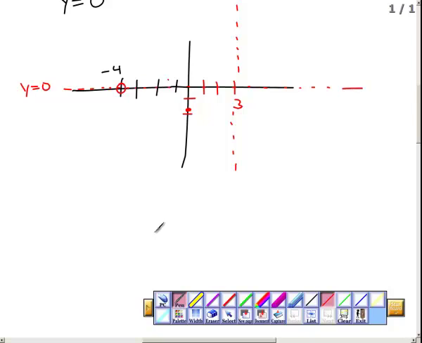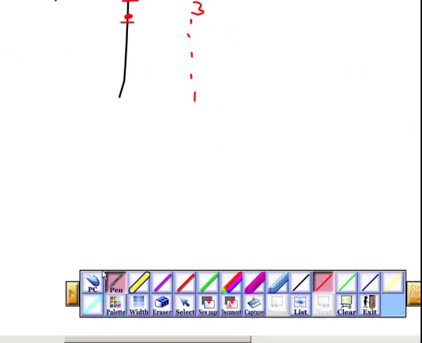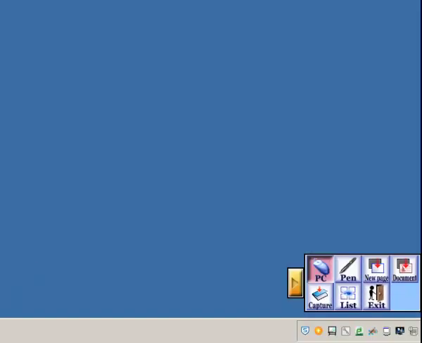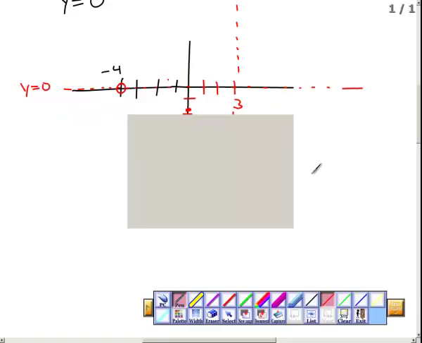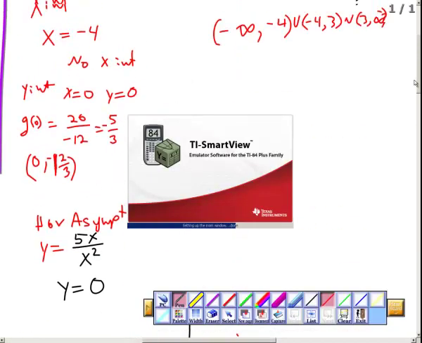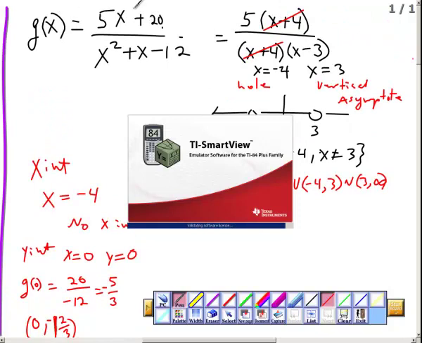All right, so if we take a look at our calculator and plug that in, we can use this equation here with the 5x plus 20.